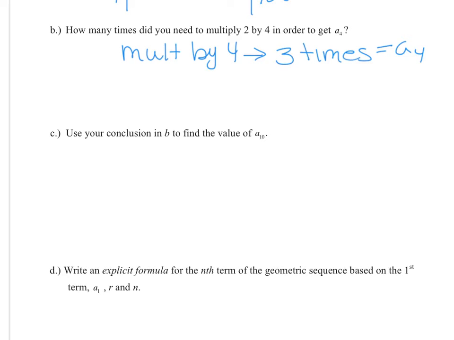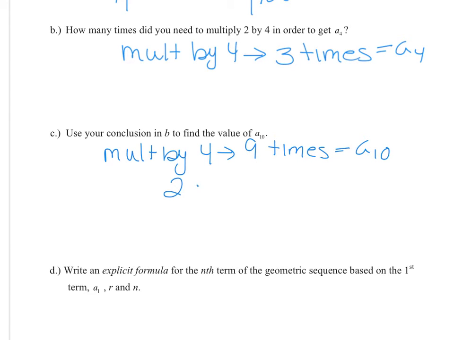So I'm going to have to multiply by 4 9 times in order to equal a sub 10. And who am I multiplying by 4 9 times? You're right, the 2. So it's 2 times 4 multiplied 9 times.